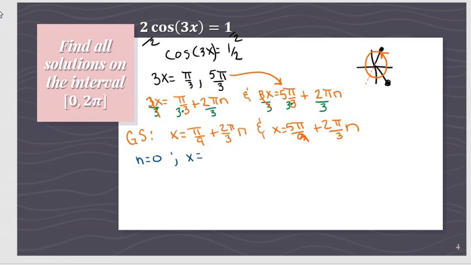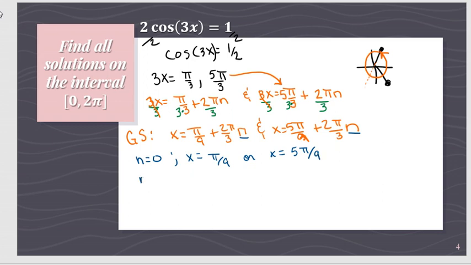If n goes to 0, then x is just pi over 9. Or x equals, if this is 0, I have to underline it. I don't know if my cursor shows up. Then that means we have 5 pi over 9, even though I tried my best to make it something else. There you go. There's your two possibilities.